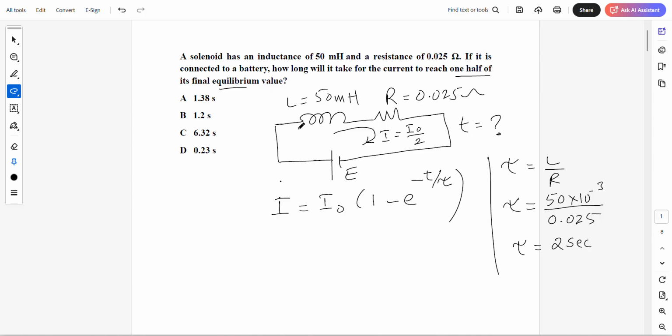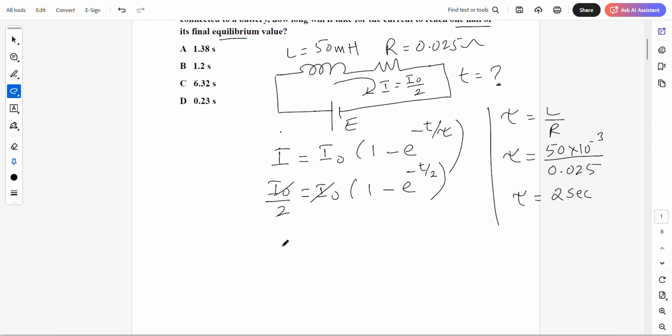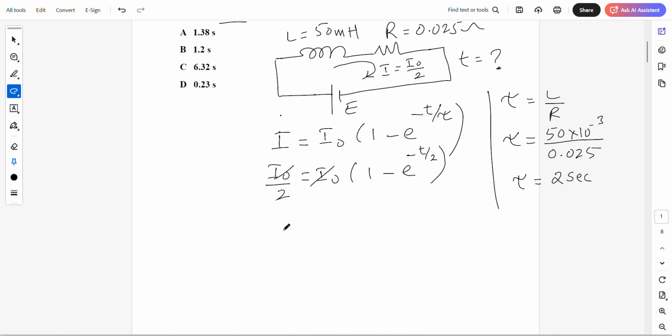Now you have to calculate the value of t when I is equal to I naught by 2. That is I naught by 2 equal to I naught into 1 minus e to the power of minus t by 2. I naught gets cancelled, so 1 by 2 is equal to 1 minus e to the power of minus t by 2.